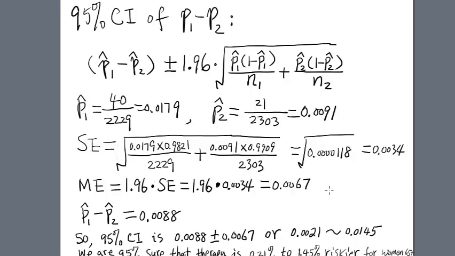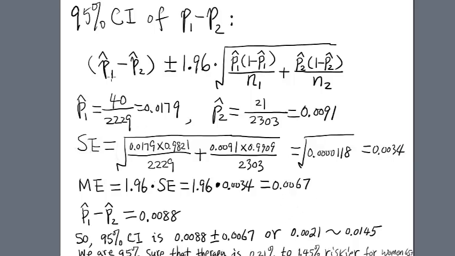Here we carry out 95% confidence interval for P1 minus P2. Keep in mind P1 is the risk of using therapy, hormone replacement therapy. P2 is the risk of not using the therapy. We need to find the confidence interval for the difference between the two risk rates.